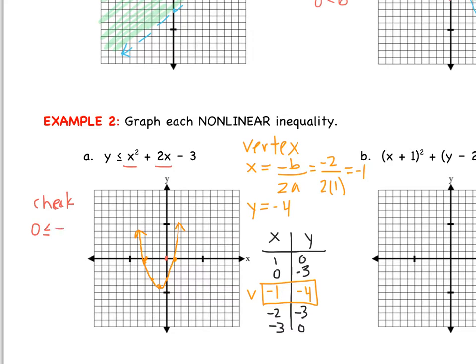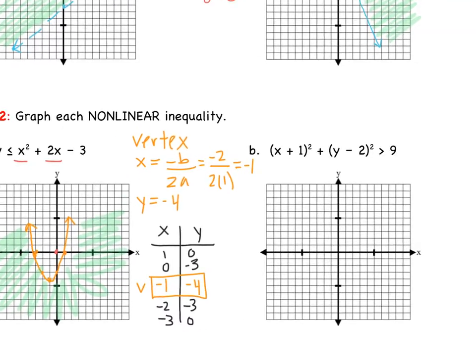This goes to 0. I'm left with 0 is less than or equal to negative 3, which is false. So where are we going to shade? Well, that point is inside of our curve, right? So since it's false inside, we're going to shade to the outside, like so.